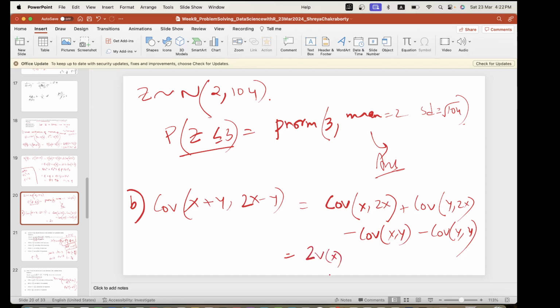So 2 variance of x plus 2 covariance of xy, minus covariance of xy, minus variance of y.